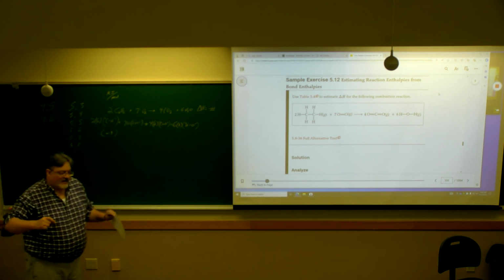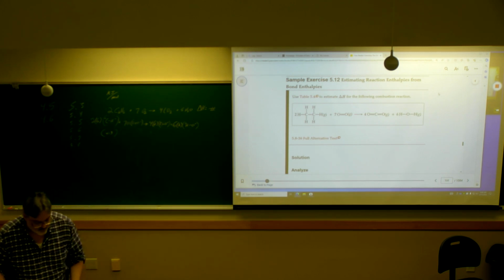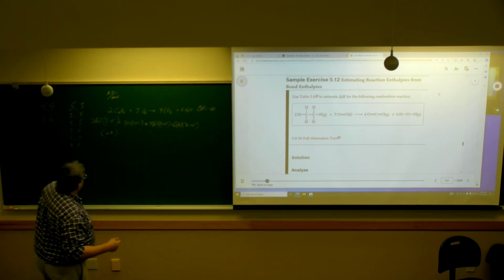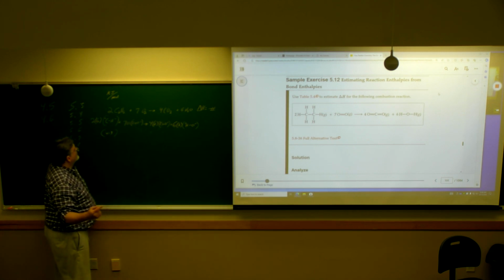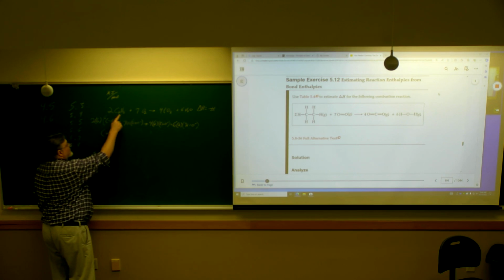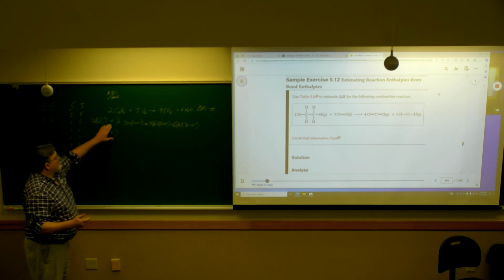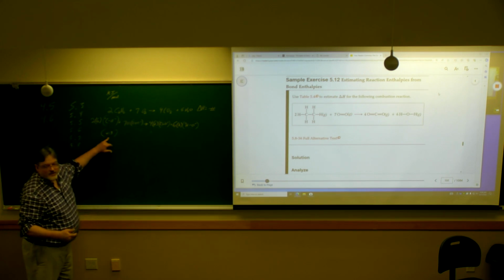Very frequently when you have a standard number for something, and it could be positive or negative, meaning if I put 413 kilojoules into 1 mole of this, the bonds will break. When these bonds come back together, I'll get 413 out.